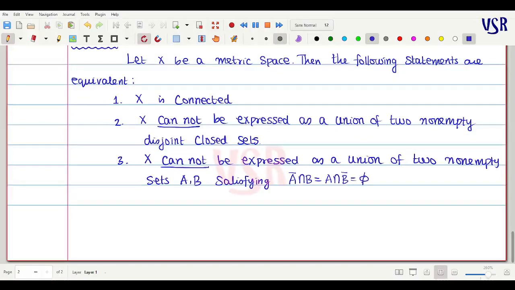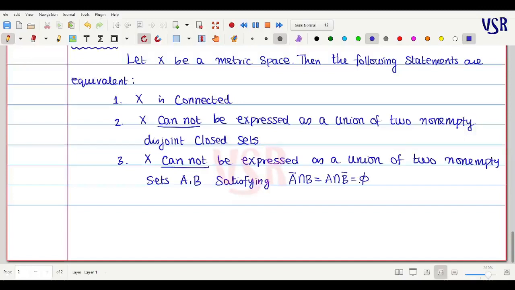X cannot be expressed as a union of two non-empty sets A union B satisfying this property. In the previous statement, A and B only needed to be disjoint closed sets, but here A and B satisfy this condition.